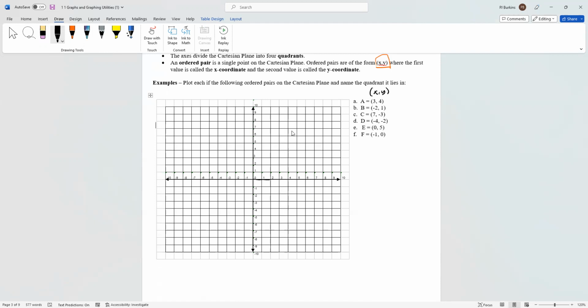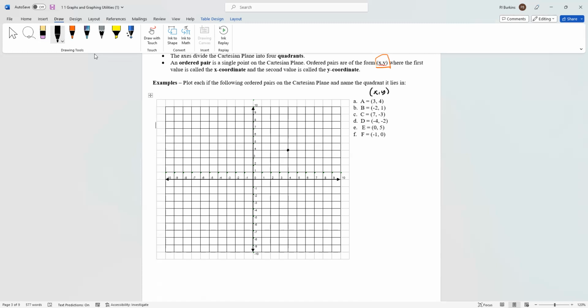So 1, 2, 3, okay. And I should be careful of drawing a line here. So we're 3 in the x. I don't know if you can see my cursor right here. That's not the point I want to draw though. So I'm over 3, and then I need to go up 4. So right here is where I want to be.